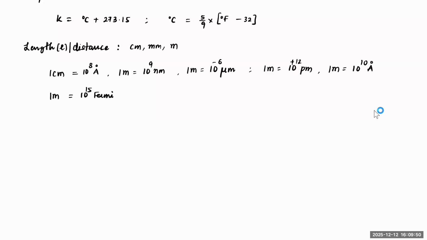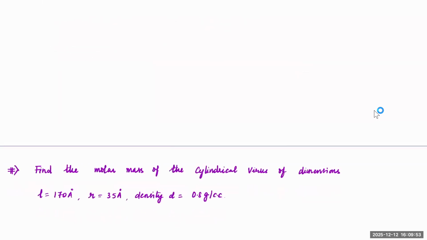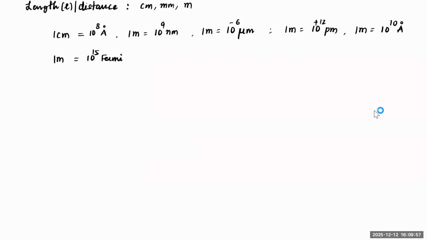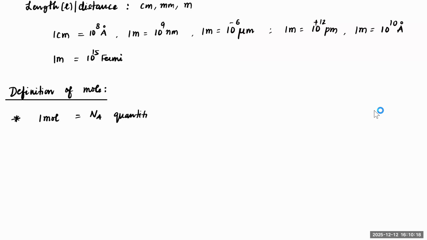Okay, right. Next, as it comes to the definition of mole now, let me directly dig into that. Okay. So when it comes to the definition of mole, in simple sense, mole is a number unit. So 1 mole is approximately equal to Na quantities or entities, whichever is the factor that you will take.